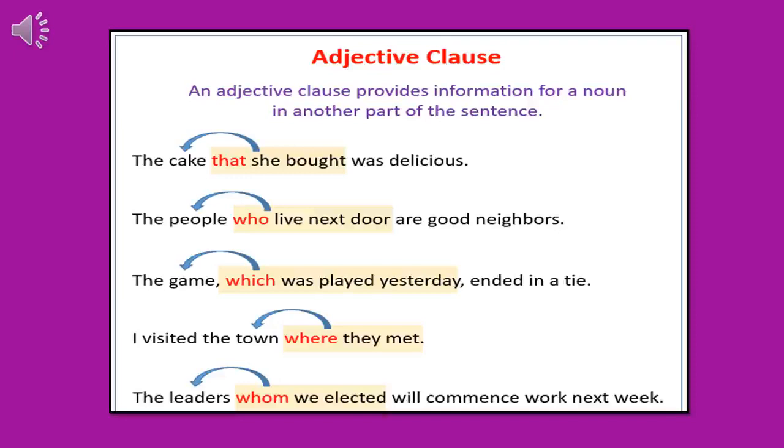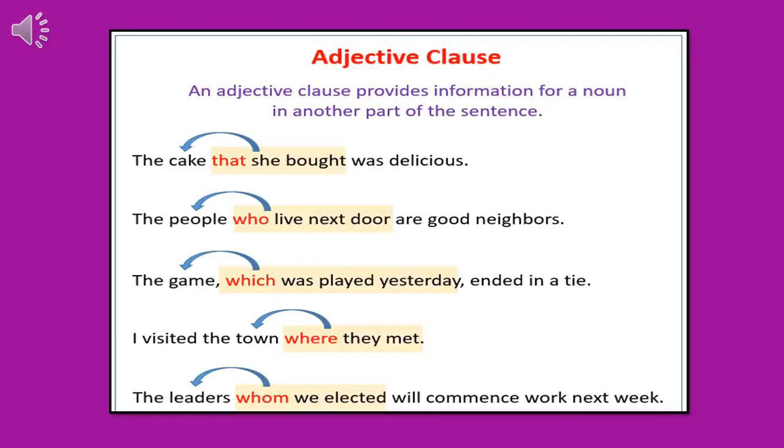A clause that acts like an adjective in the sentence and describes a person or object is known as an adjective clause. Let me repeat that for you. A clause that acts like an adjective in the sentence and describes a person or object is known as an adjective clause.